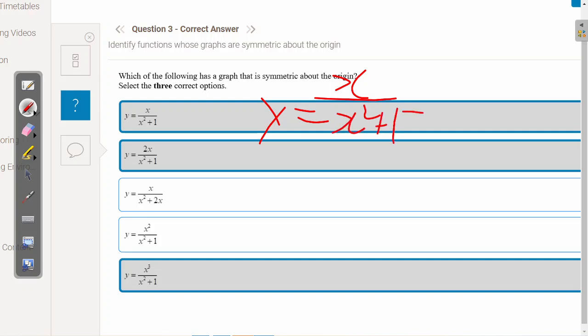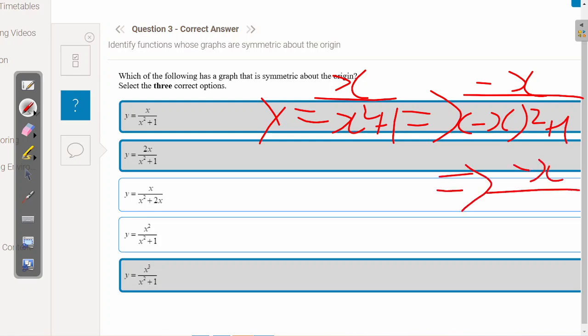The negative would be negative x over (negative x) all squared plus 1. So simplify the square: negative x over x squared plus 1. If you have a negative in the numerator, you take it out, so it will be negative of x over x squared plus 1, which is the opposite of the whole thing. So it is odd.